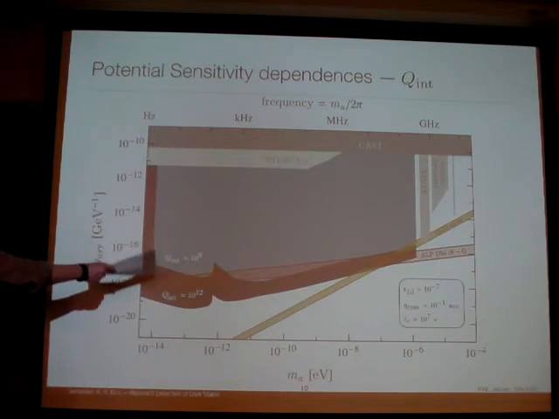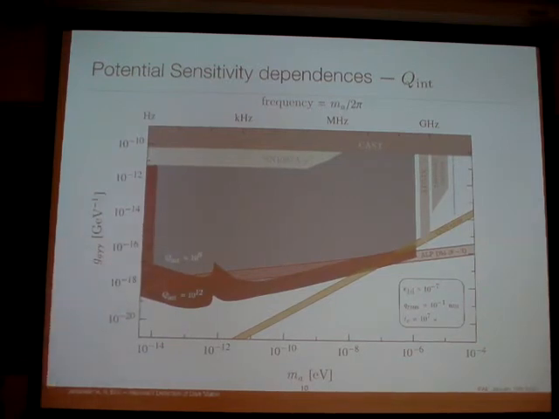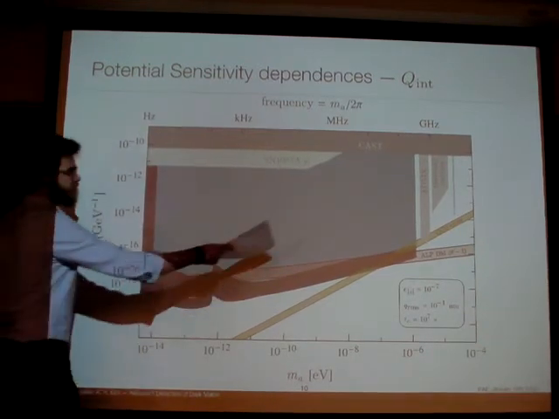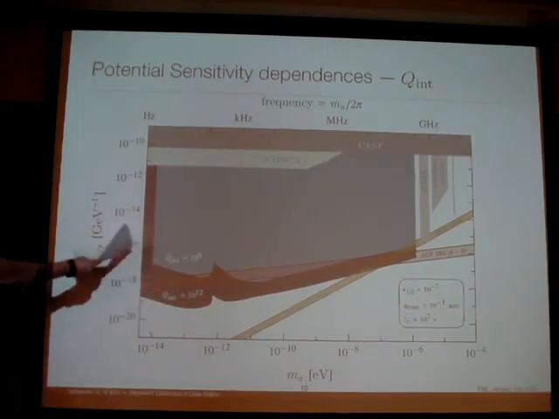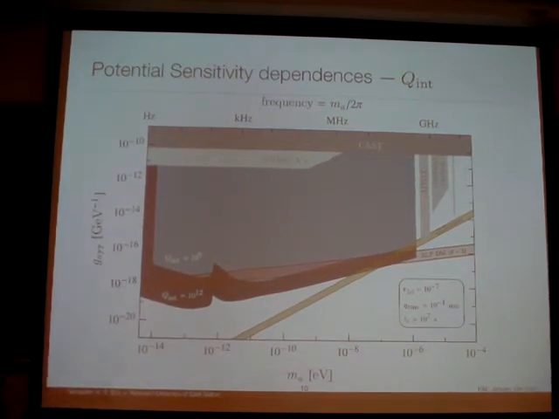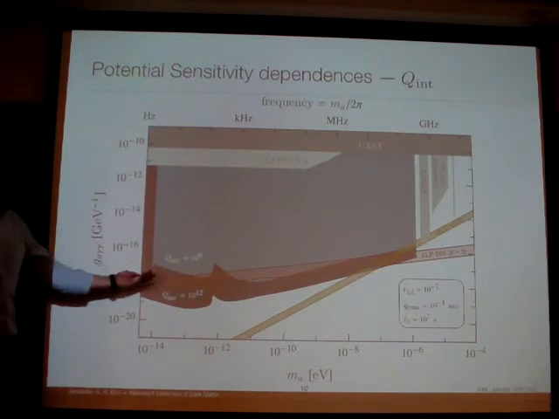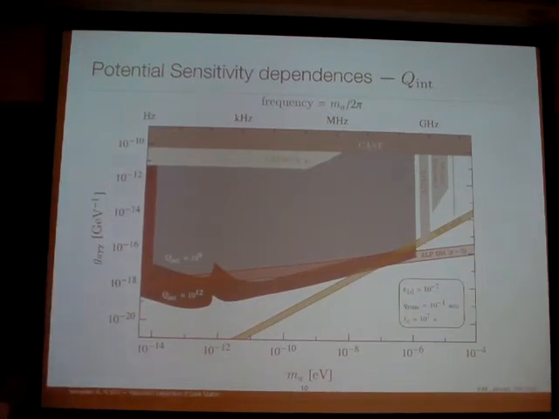And here I'm just varying the intrinsic quality factor. And you see that at high masses this has an almost linear impact, but at low masses this impact is exacerbated by the fact that obviously your phase noise and your mechanical resonant noise gets worse if you have a lower intrinsic quality factor.